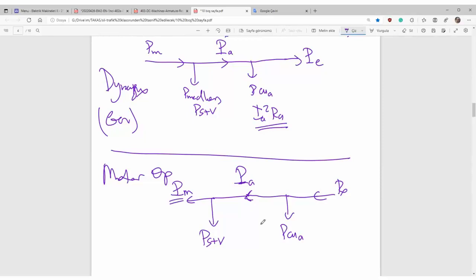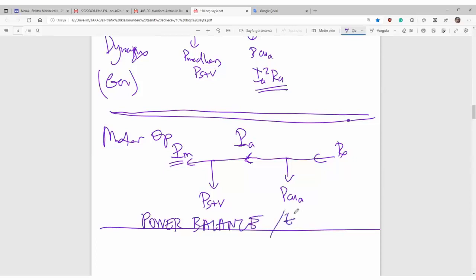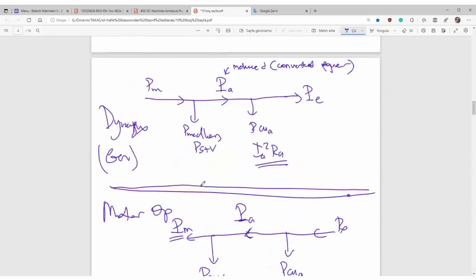That belongs to motor operation, a similar diagram, and we call it power balance, or equilibrium. Power equilibrium. All powers must be in balance or equilibrium.